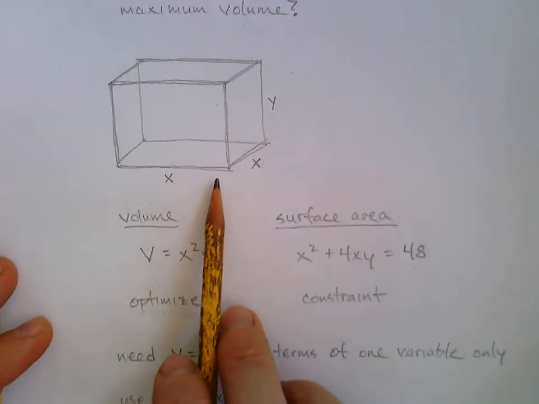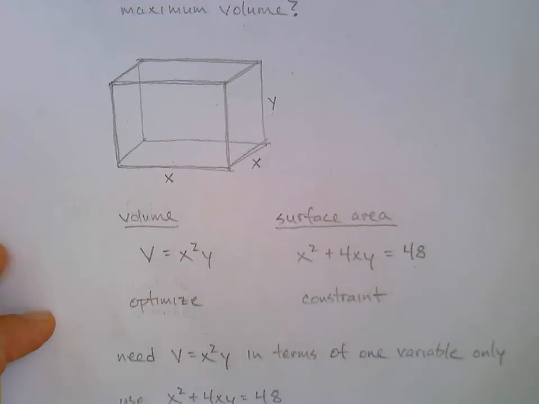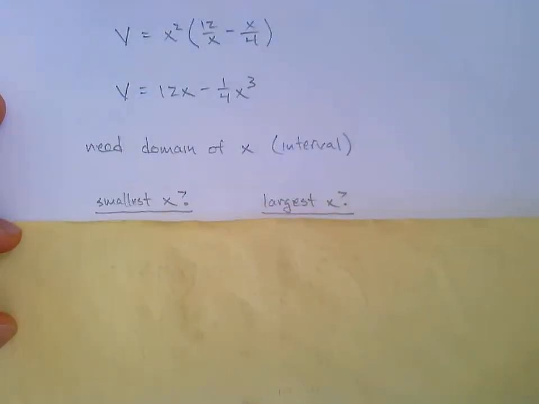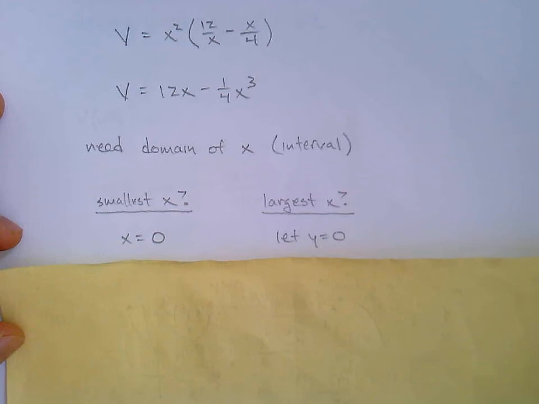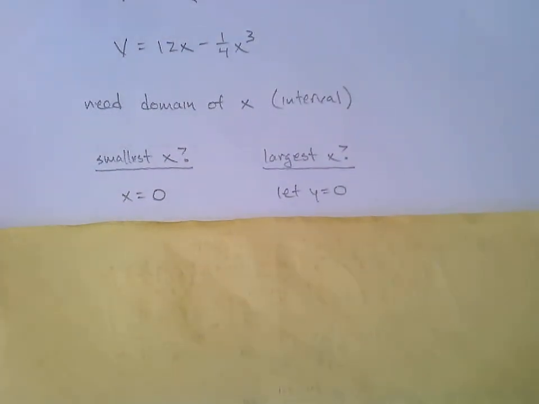We'll keep in mind that we're making a box. We also have this constraint. You have to bear with me here with the logic. The smallest that x can be is 0.